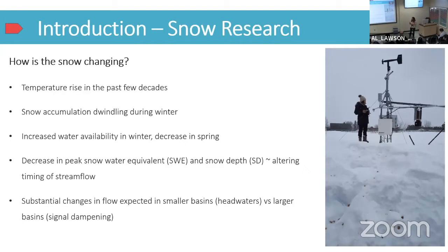So there is a shift in the timing of streamflow because of the decrease in snow water equivalent and snow depth during the winter, which is increasing the availability of water during the winter, but decreasing it during the spring. And these changes are expected to be more substantial for smaller headwater basins compared to the larger basins.